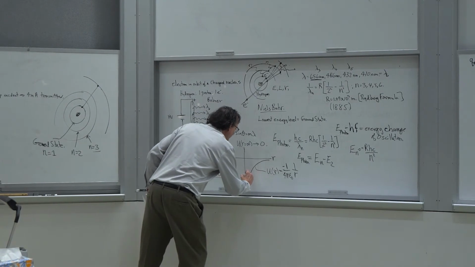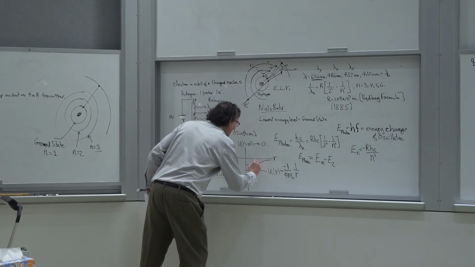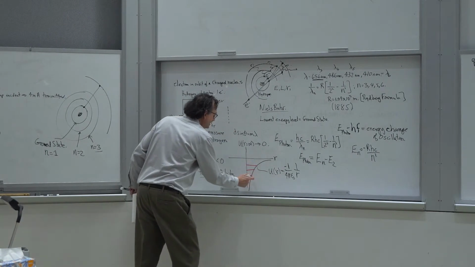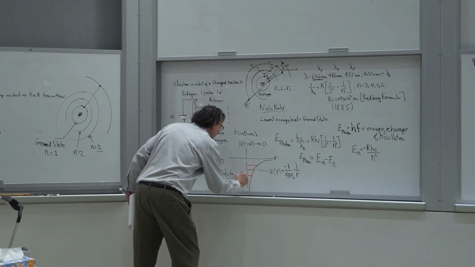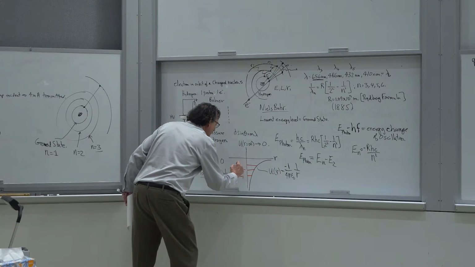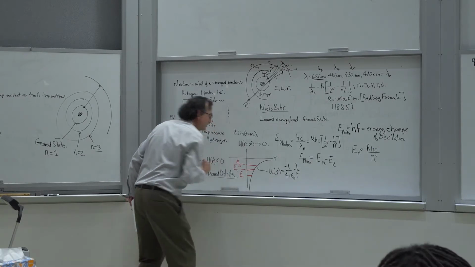E1, E2, and E3 are going to be like this. They are trapped between radius r equals 0 and r1, radius r equals 0 and r2, radius r equals 0 and r3. These are energies E1, E2, and E3.